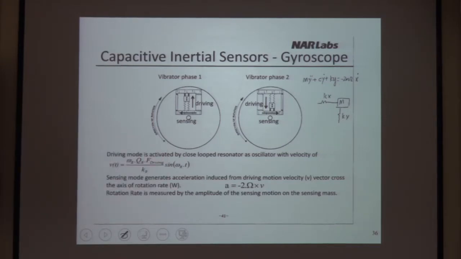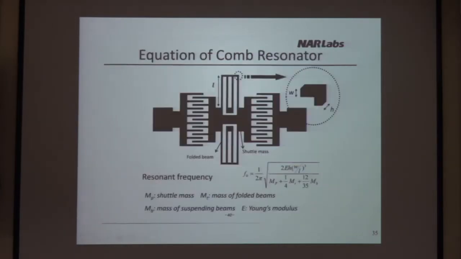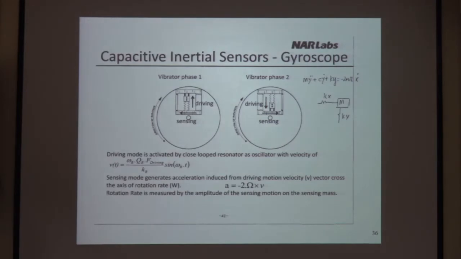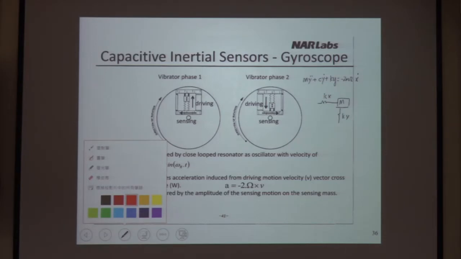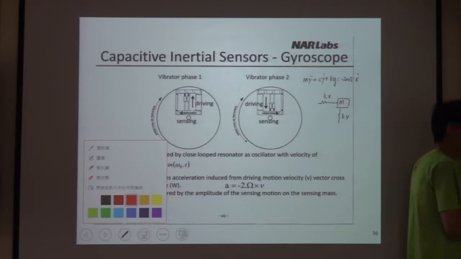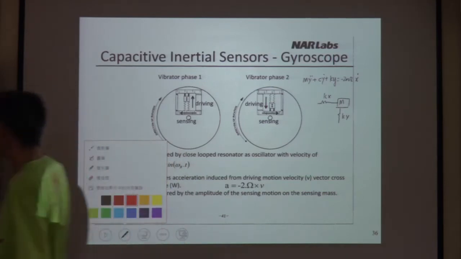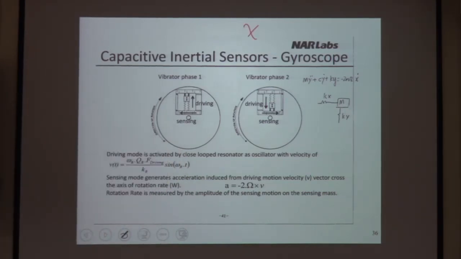You have a displacement x equal to, say, x sine omega t.